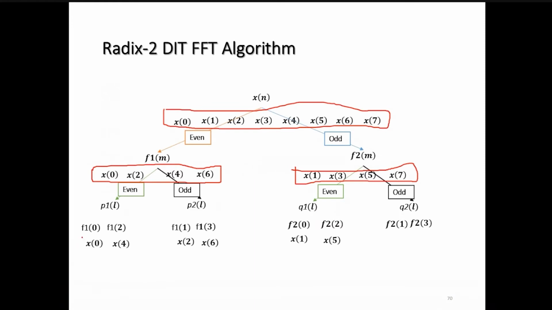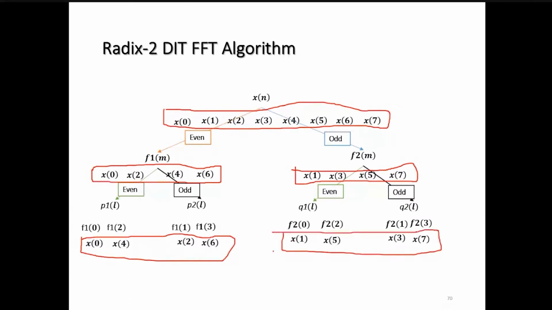After the final split, now your sequence is like this: x0, x4, x2, x6, and here the sequence is x1, x5, x3 and x7. In the first step your sequence is in the normal order, x0, x1 up to x7. After the first split, you divide the even and odd terms, so both are separated, x0, x2, x4 and x6.